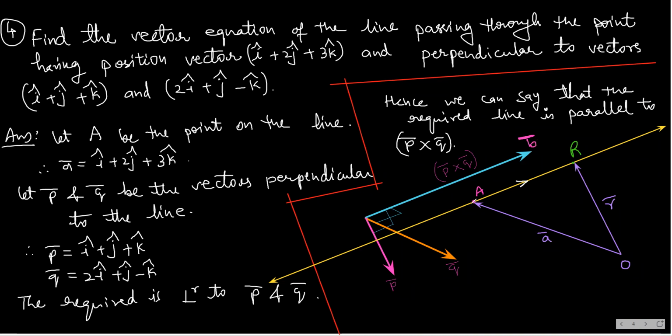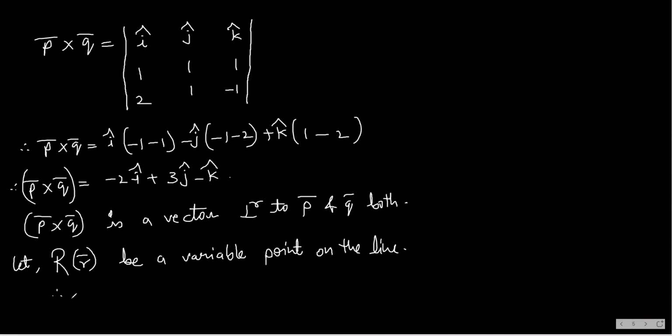So we would always write AR bar parallel to B bar, so AR bar is equal to lambda B bar. But now what we will write? We will write AR bar is parallel to P bar cross Q bar.